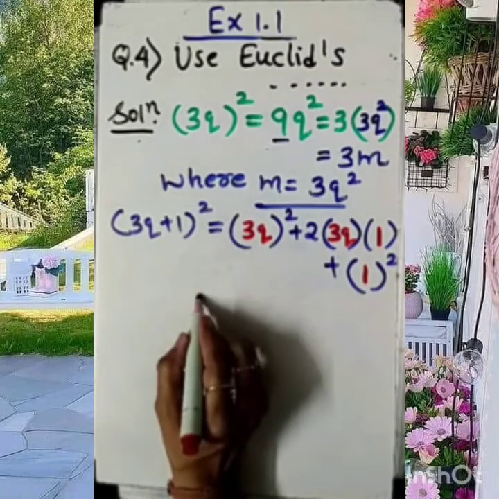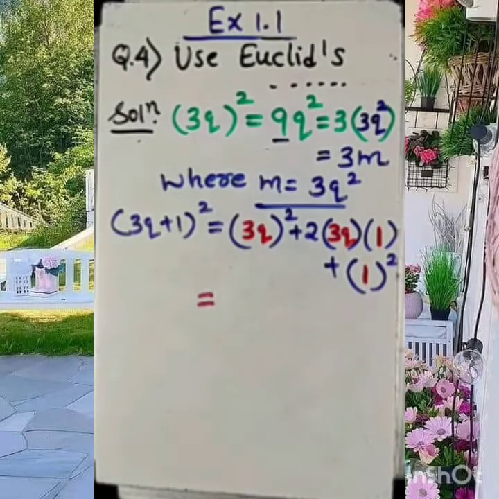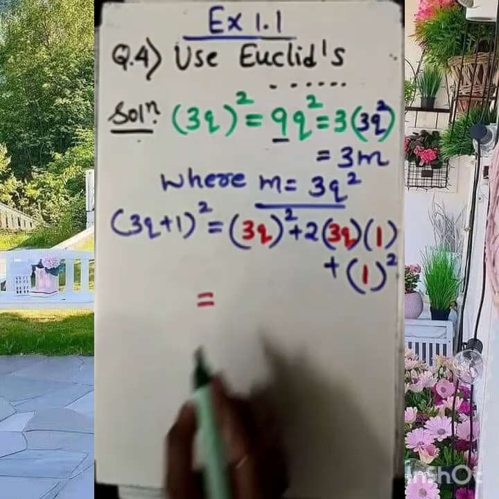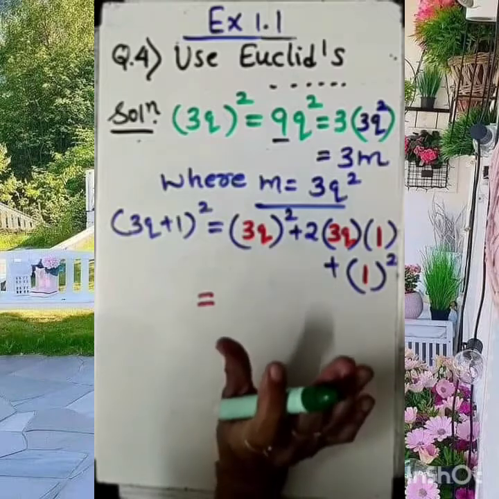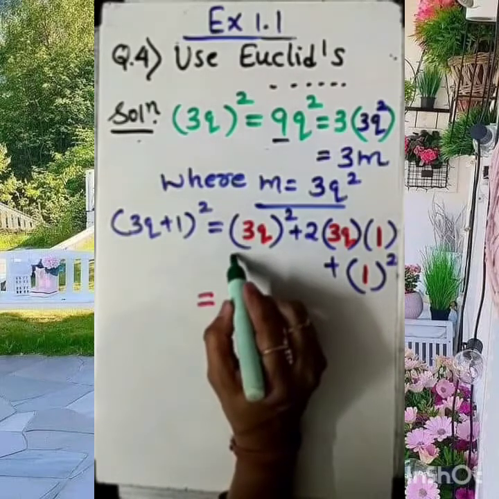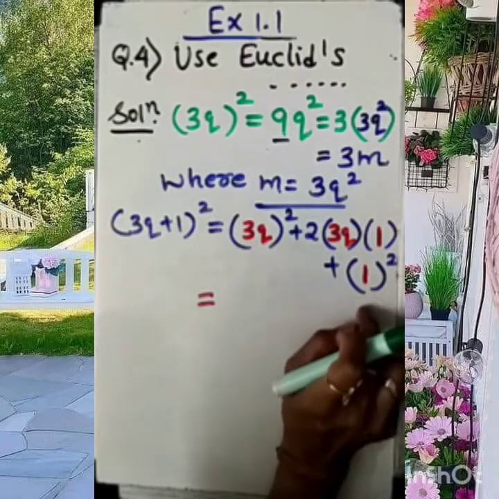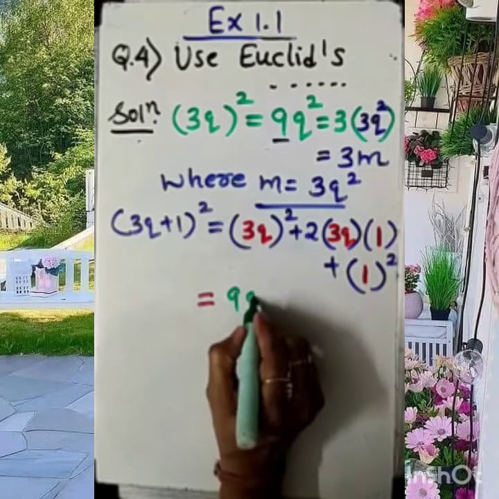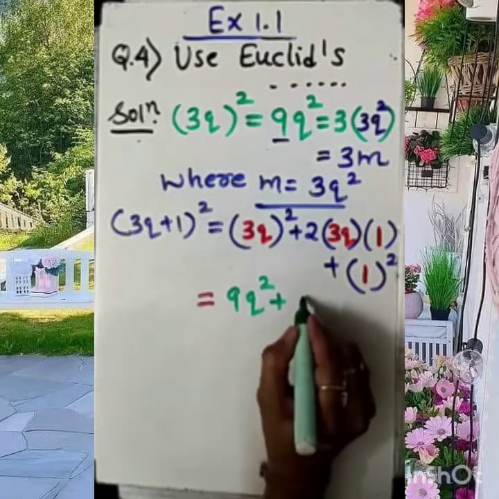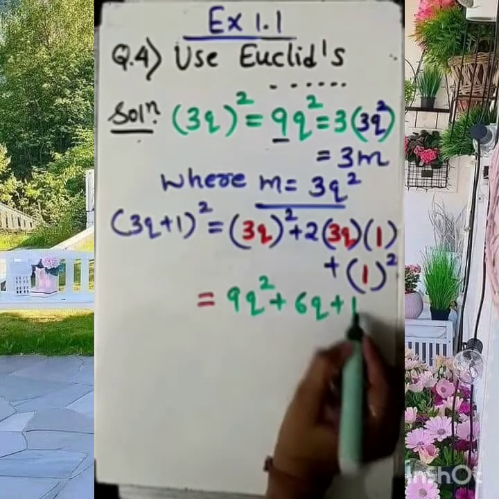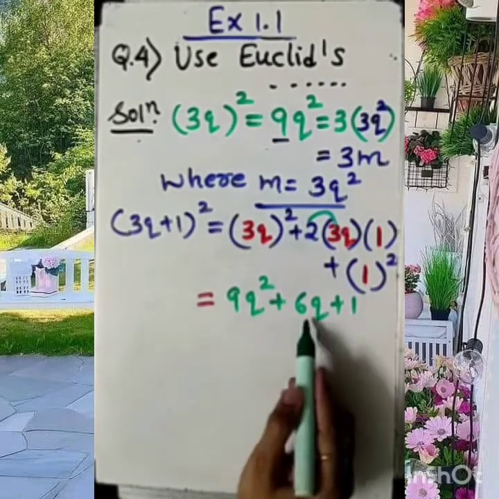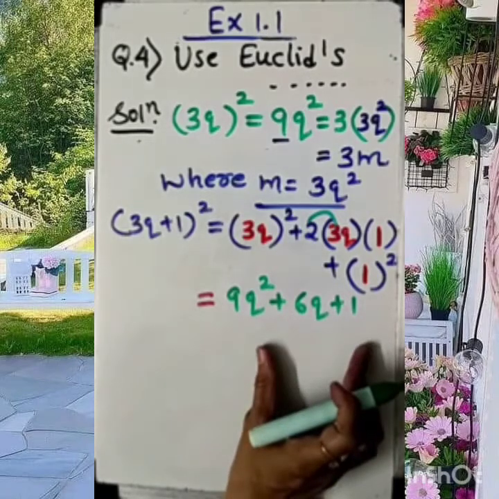So the (3q) whole square is 9q square, and then 6q plus 1. This is the perfect square.